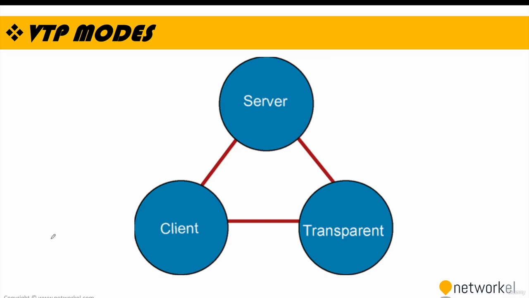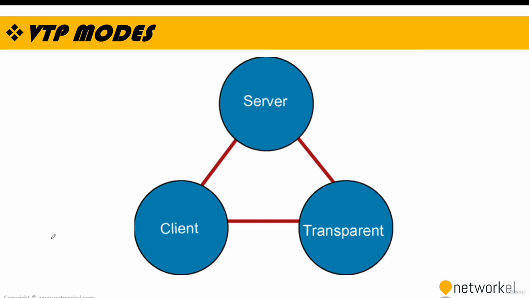Client mode receives the VLAN information from the VTP servers but cannot create or modify the VLANs. They forward the VTP advertisements to other switches, but they don't make changes themselves. They are suitable for switches that need to be part of the VLAN configuration without making changes.